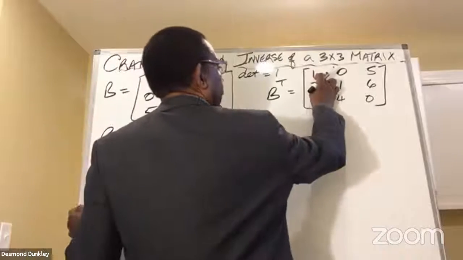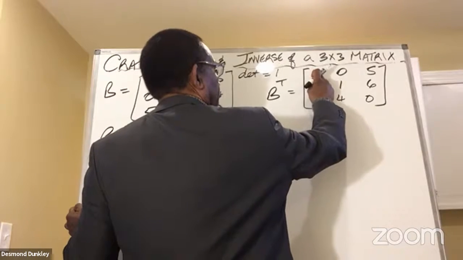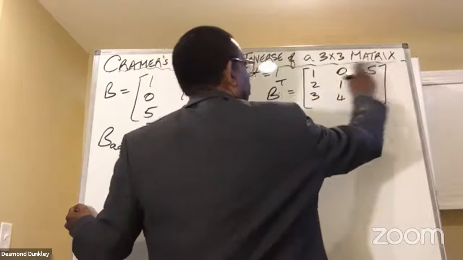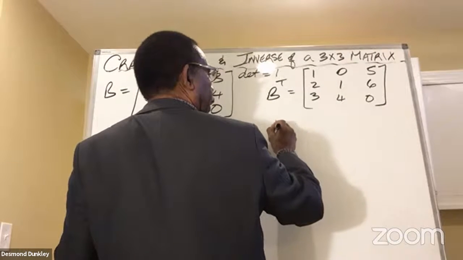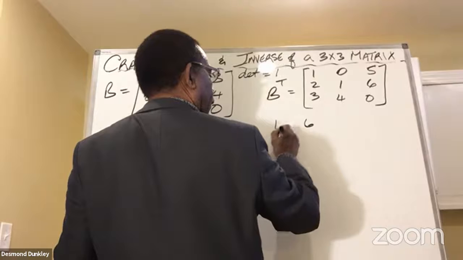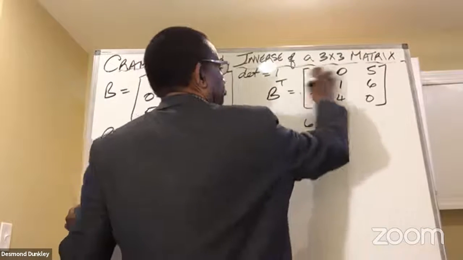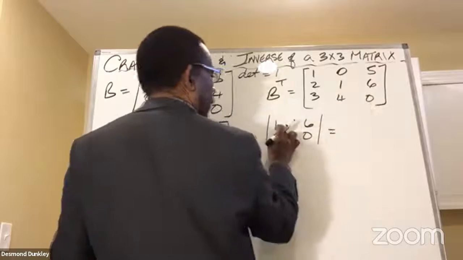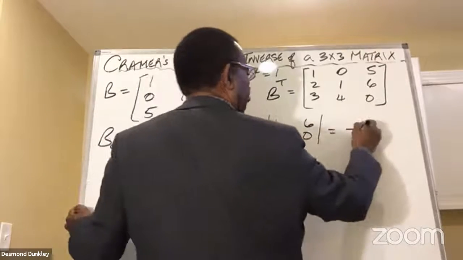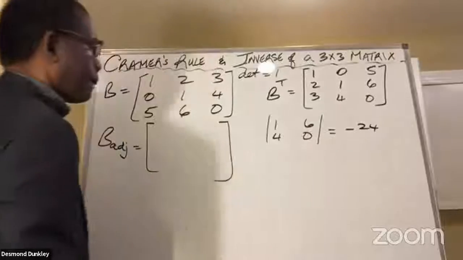So the first one is, take this entry, cancel that row, cancel that column, we end up with 1, 6, 4, 0. And that gives us 1 times 0 is 0, minus 24. That gives me negative 24.